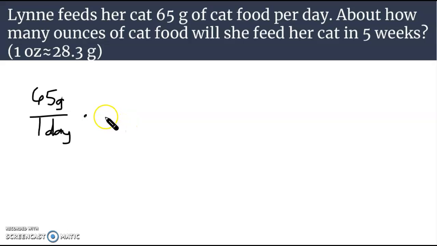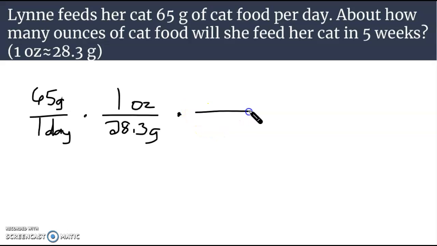Alright, we're going to convert grams to ounces. So apparently 28.3 grams for every 1 ounce. That's going to take care of our conversion to ounces. And then we also need to convert days to weeks.